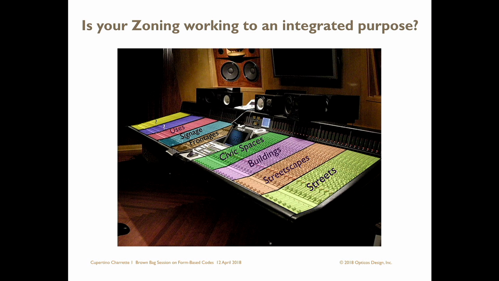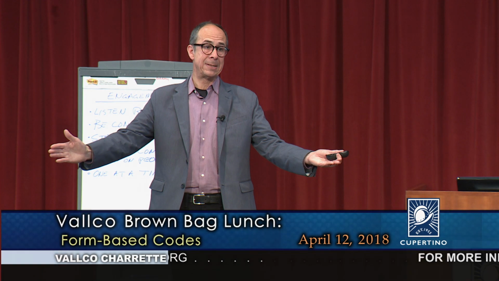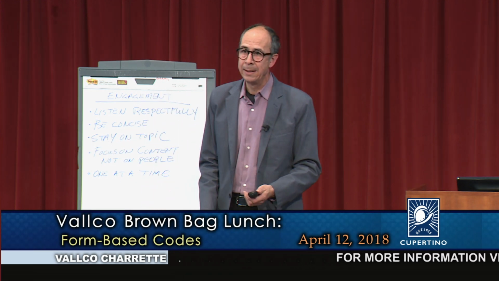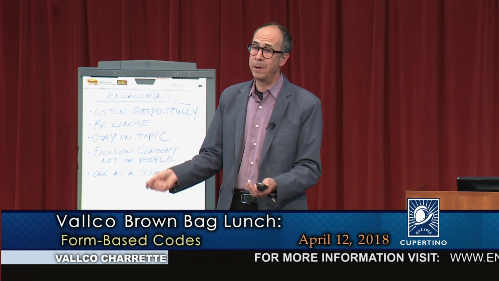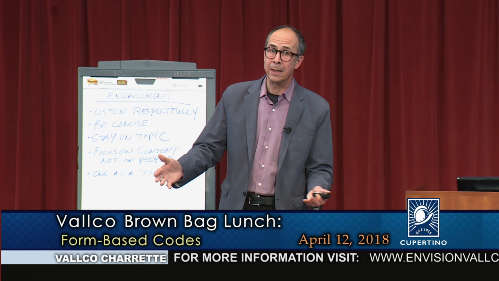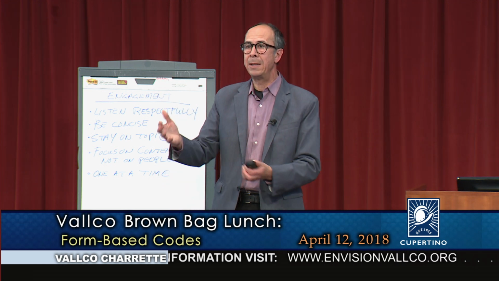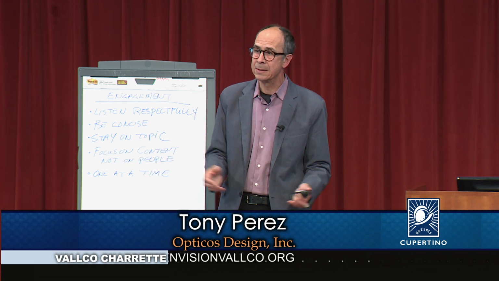In the conventional approach, it's uses, bulk, height, and it's missing all these topics. The form-based approach is how it started. We know there are at least 8 base topics, maybe 10, depending on how you look at it, and we can add to those depending on the priority of the community, and by area. What's important in Vallco might not be as important in another area. So it's not one-size-fits-all, it depends.